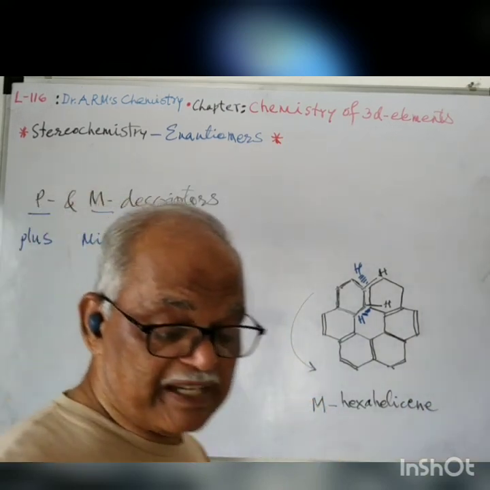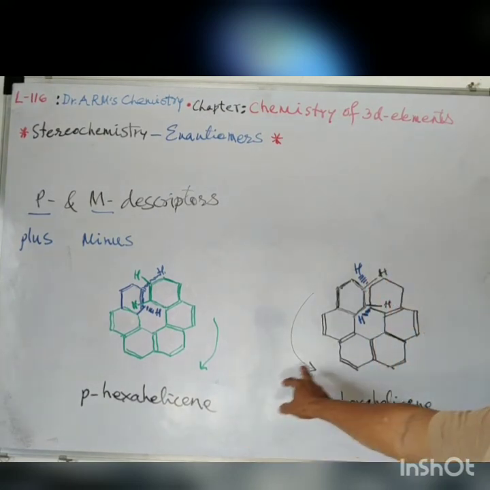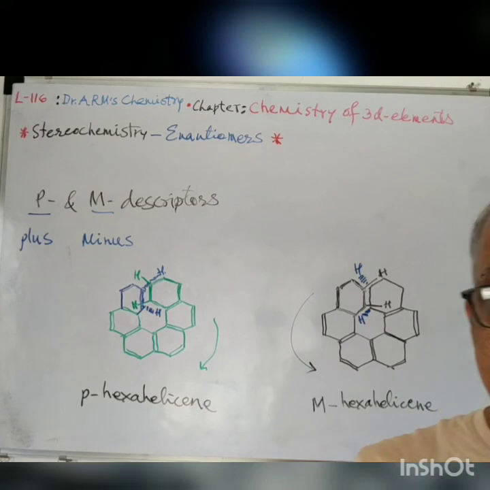M means minus hexahelicene. So in this way, we can distinguish how to use the prefixes M and P, or lambda and delta, R and S, etc.